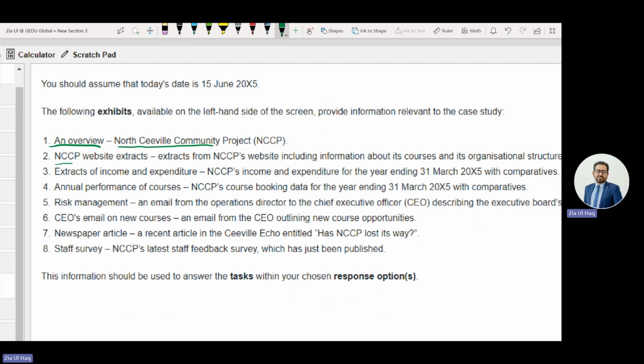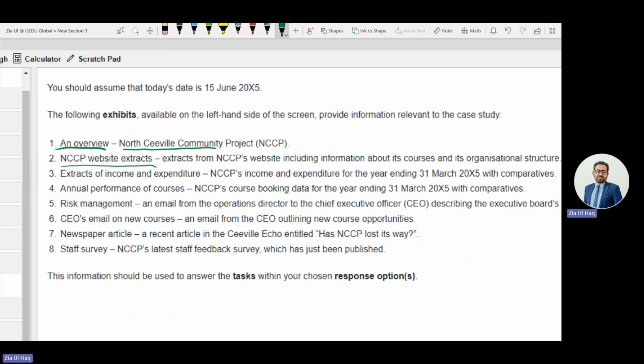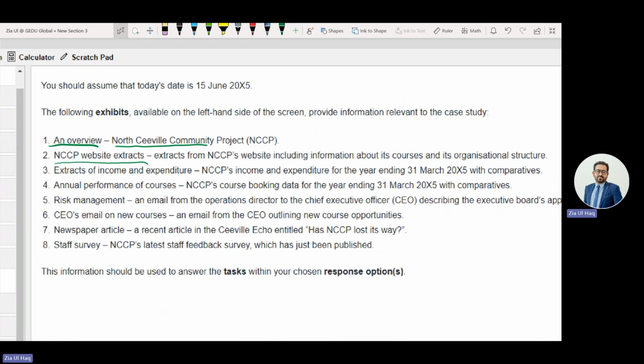Exhibit 2 is a website extract from NCCP's website, including information about its courses and organizational structure. About its courses, what does that mean? This means this is some kind of training company that provides training courses. And organizational structure means chairman, CEO, directors, etc.